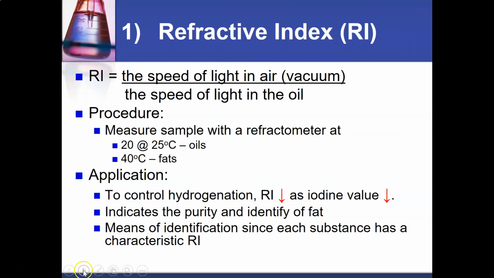So RI is low as iodine value is low. Okay, so RI also indicates purity and the identity of the fat. It also provides a means of identification, since each substance has a characteristic RI.